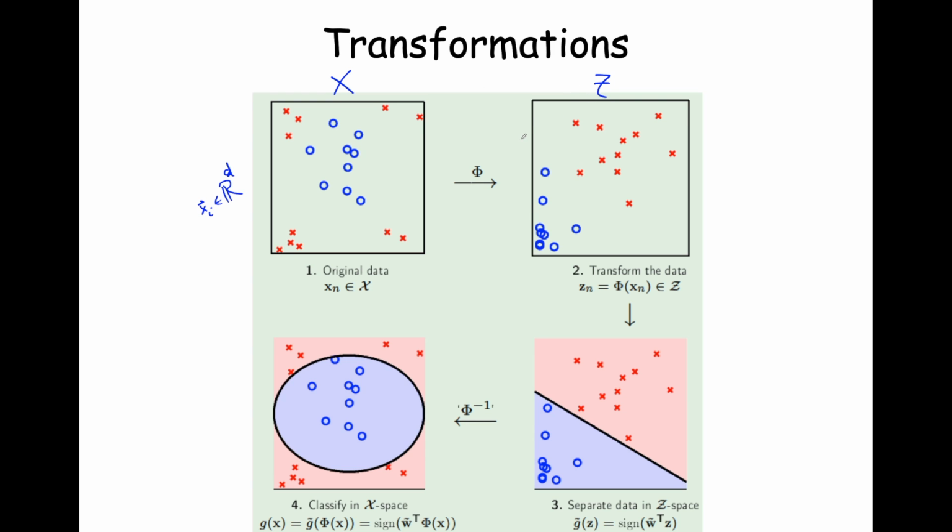And so this phi function changes the geometry in our input space, resulting in a new geometry in what we call Z space or feature space.